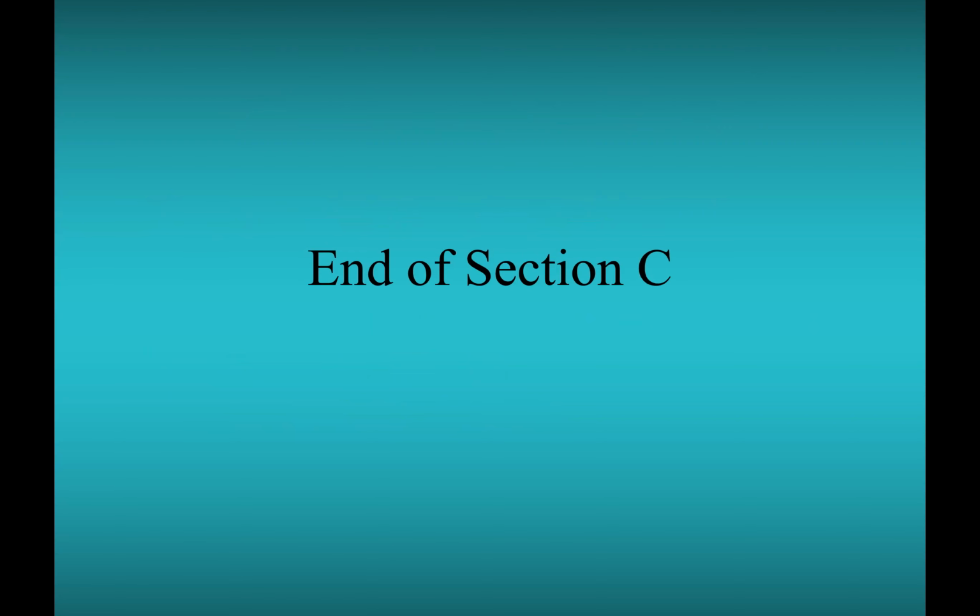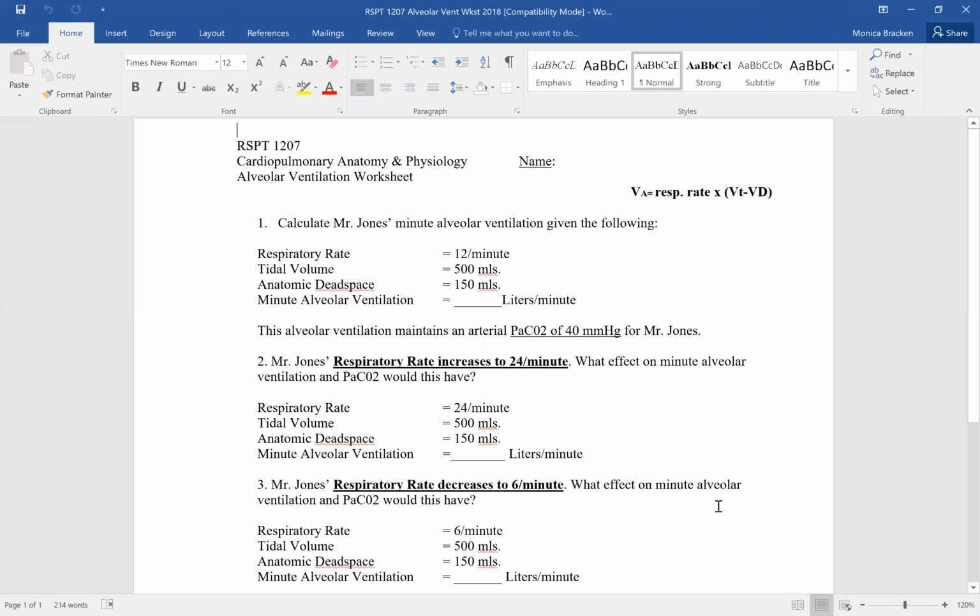So this is the end of section C. I'm going to share another part here with you, if I can find it. Your substitute is going to give you a worksheet, if we were able to get that far in class before class ended. And on your worksheet, you're going to actually work on calculating alveolar ventilation.